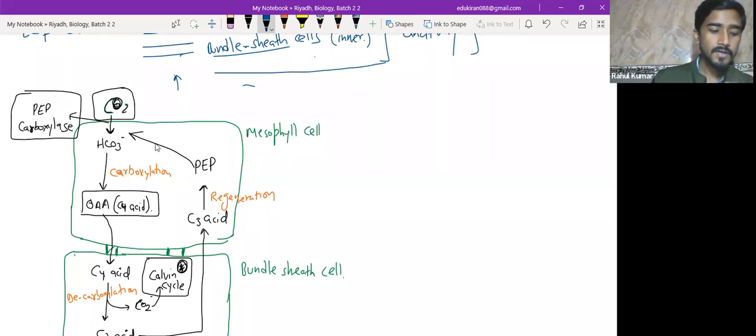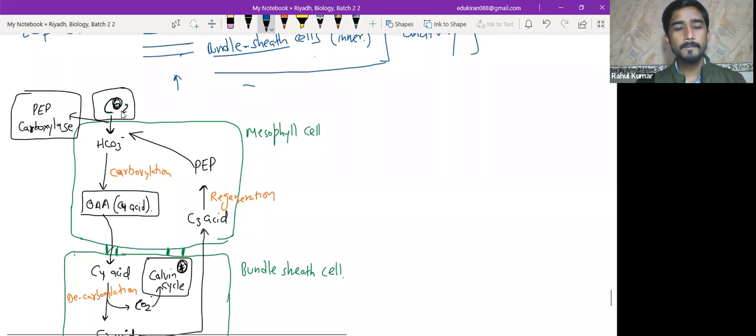First is fixation of CO2 by the carboxylation of PEP.